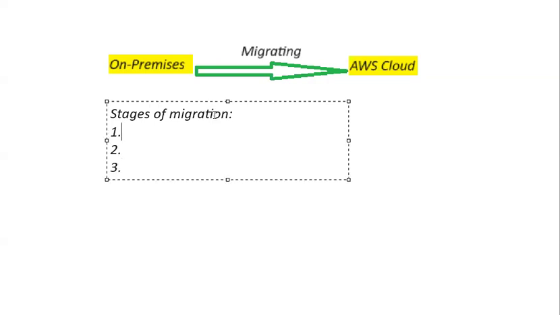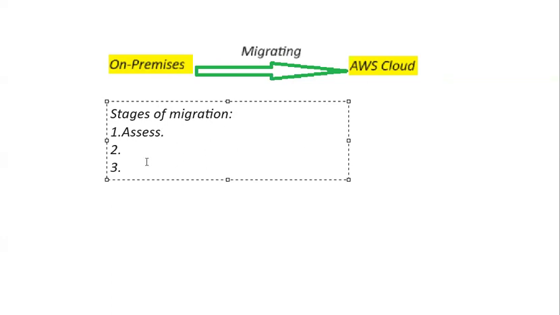First thing, we need to collect the information. In order to migrate my data, my application, or my servers to cloud, we first need to collect whatever information I have on premises. That we call assessing.